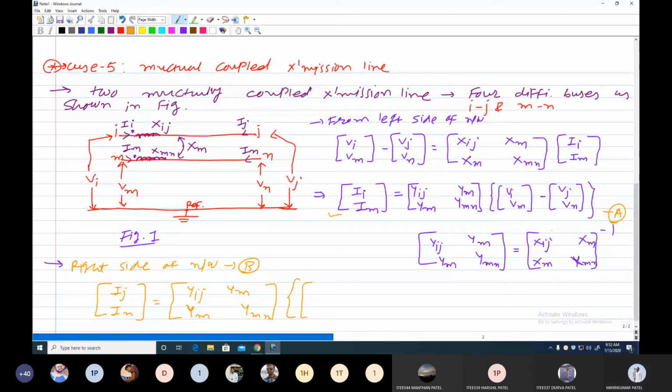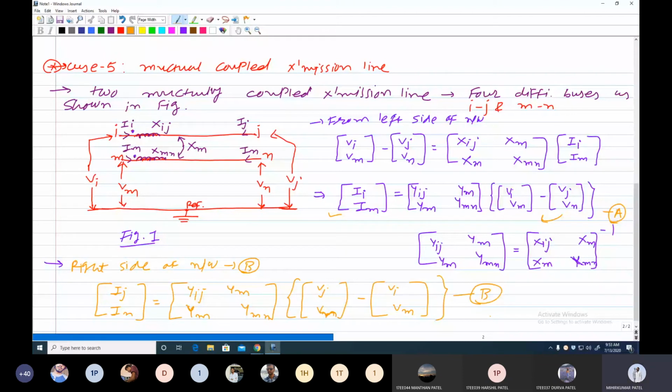It means Vj, Vm minus Vi, Vm. Sir, Vj, Vn. Yes, it is Vj, Vn, Vi, Vm. Very good. Question number B. Clear?